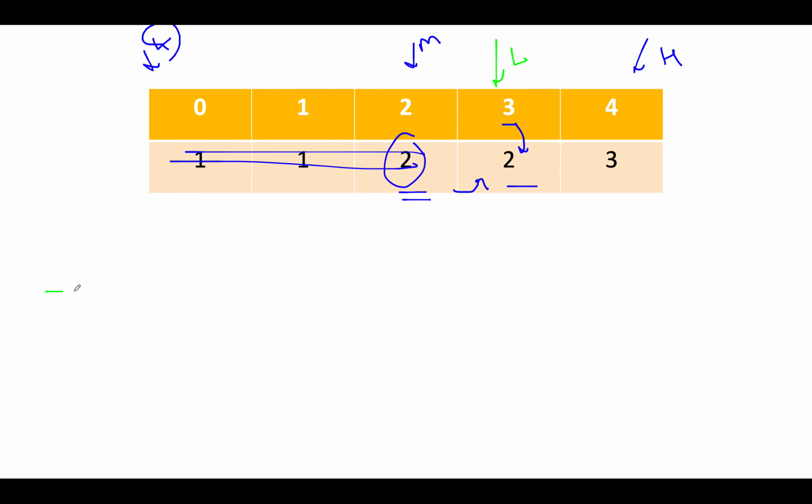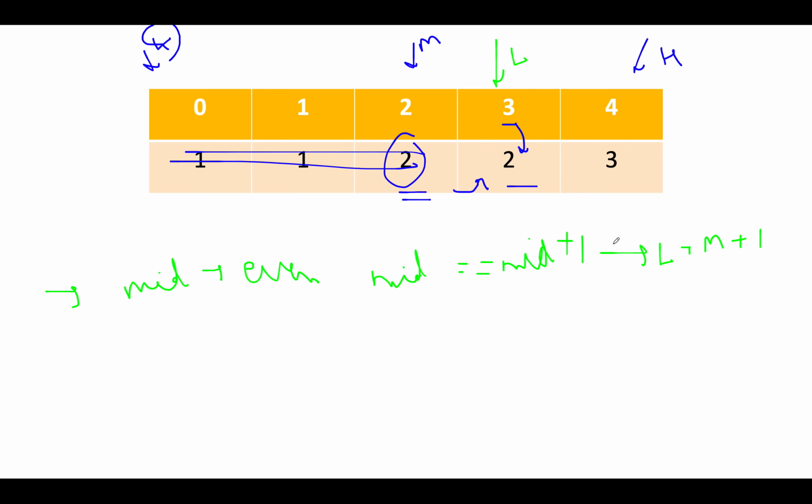Also let's write it as a pseudocode. In case my mid happens to be of even type, I compare mid with mid plus 1, and if these two happen to be equal, I update my low to mid plus 1.